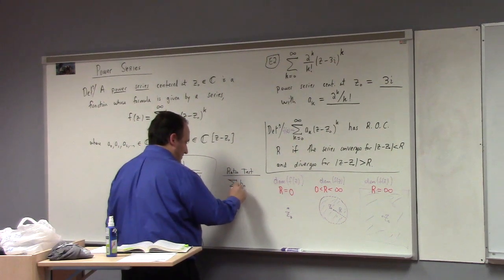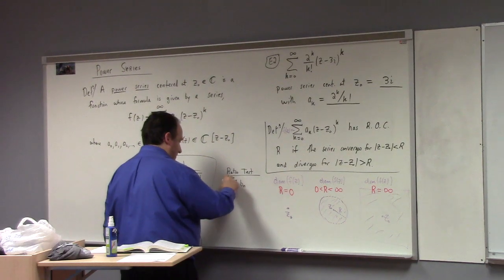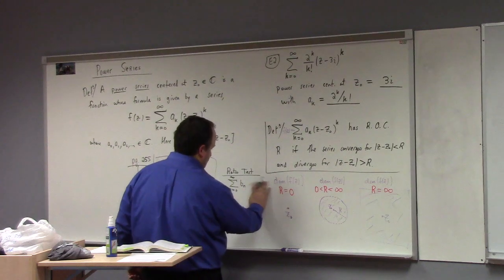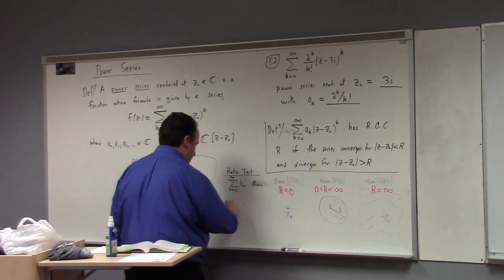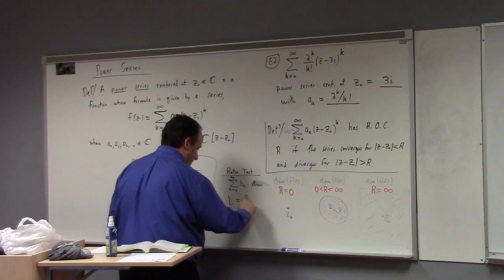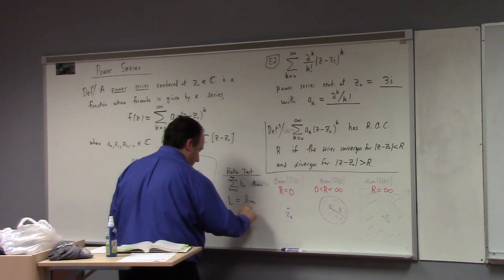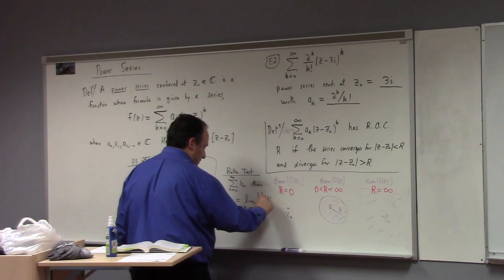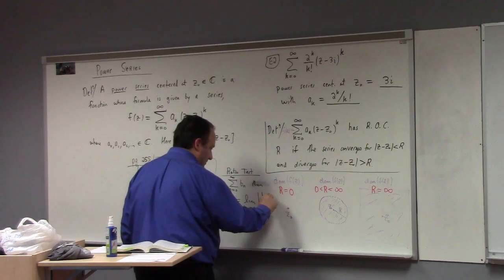Like the sum of b sub n, n equals 0 to infinity, converges. Well, then you can let L equal the limit as n goes to infinity of what? The absolute value of, what is it, b n plus 1 over b n? I can't remember, guys. You have to help me out.